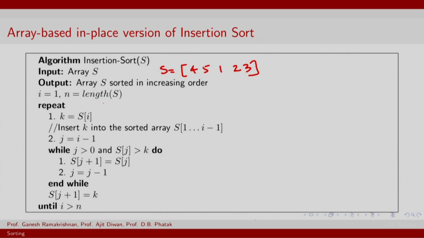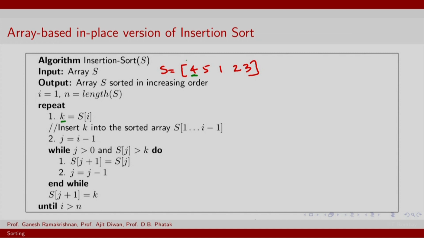So what you do is as follows: you maintain the key that needs to be inserted, and of course you get these keys in increasing order of the indices. So you start with key equals 4, I is 1. The goal is to insert 4 into P. Now what is this P?